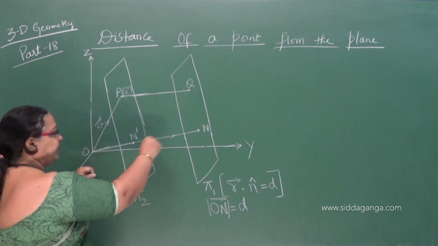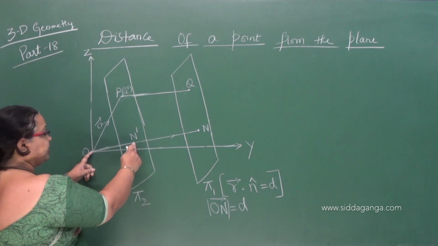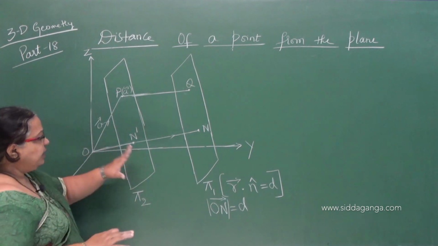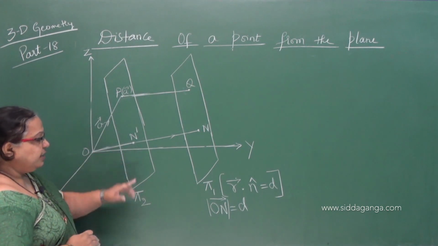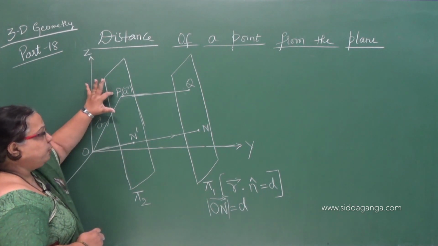Now ON dash represents the distance from here to here. But here we have to consider the plane pi 2 according to theorem 2.